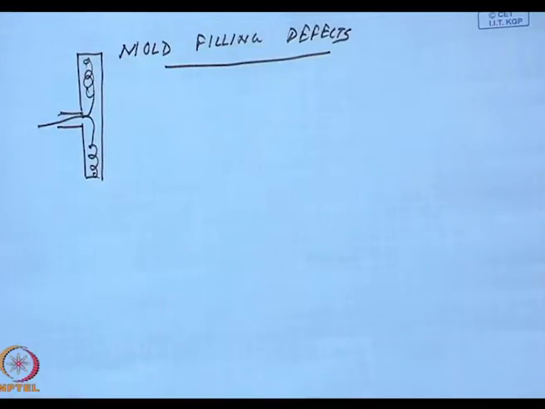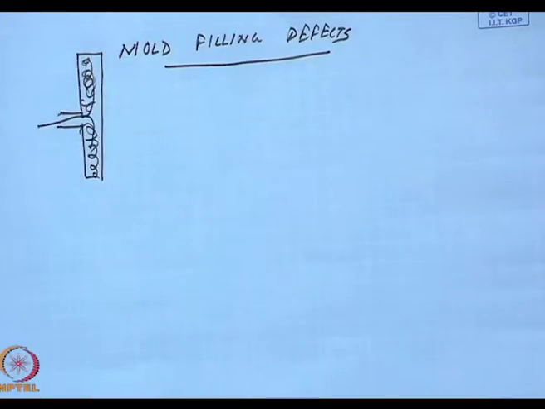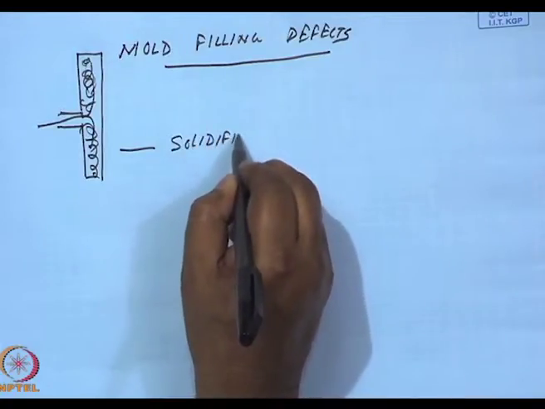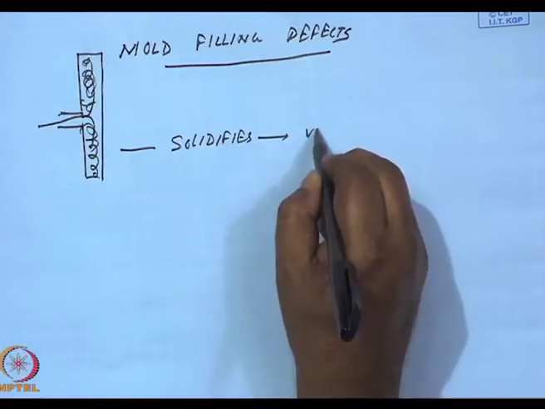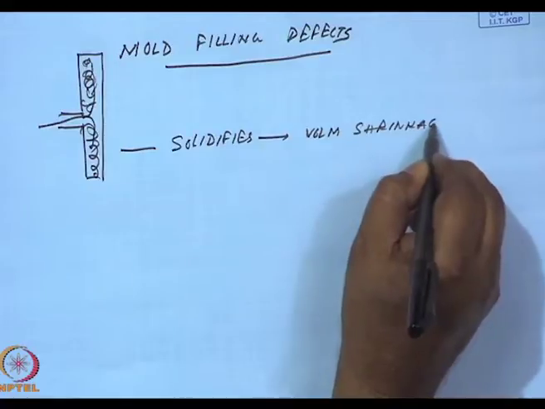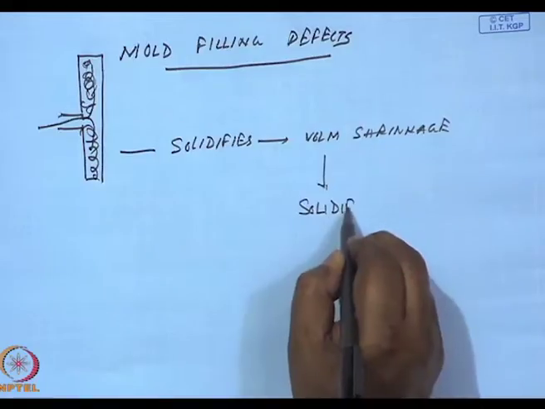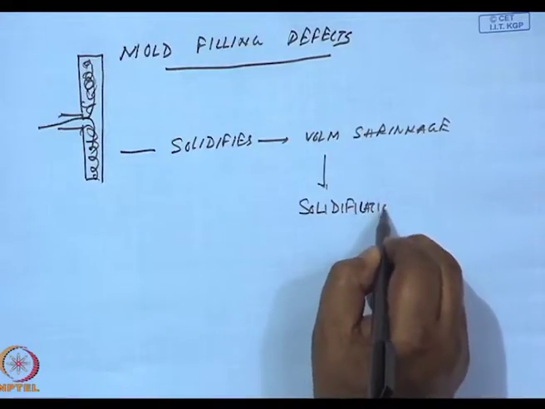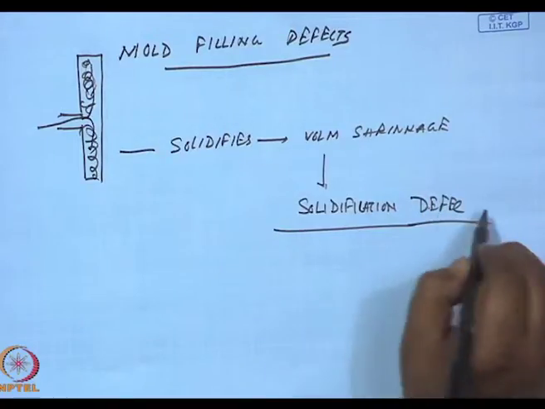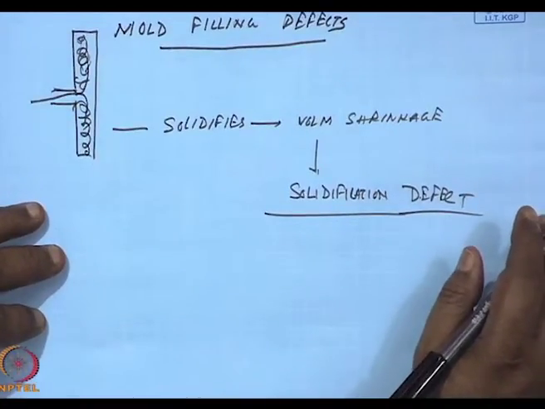Most importantly, if a mold which appears to have filled and then it solidifies, volume shrinkage occurs. There will be a lot of solidification defect.